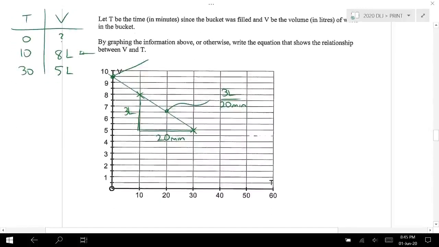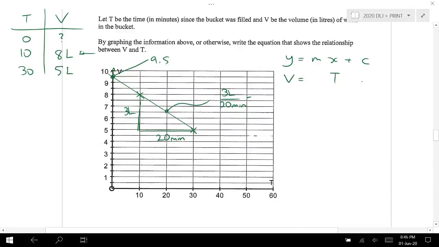Okay, so that's our gradient. Our y-intercept is at 9.5. So I'll just write y equals mx plus c again. So instead of y on the y-axis, we have volume on the y-axis, and on the x-axis we have time.